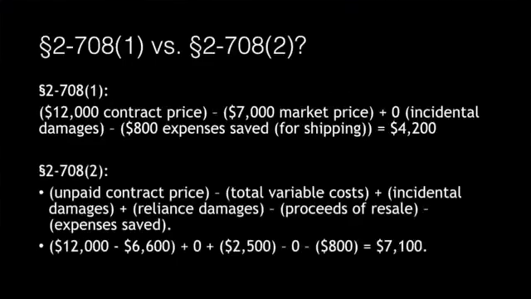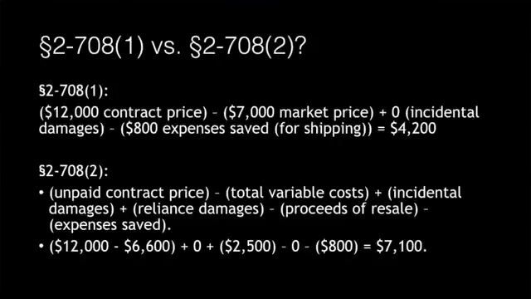One formula offered by Professor John Siebert for calculating damages under that provision in cases that don't involve lost volume is as follows. You take the unpaid contract price minus total variable costs, plus incidental damages, plus reliance damages, minus the proceeds of resale, minus expenses saved. And here's how subparagraph 2 damages would look.